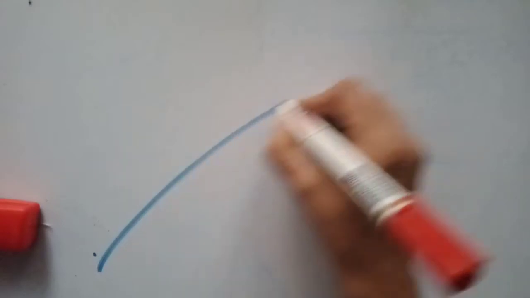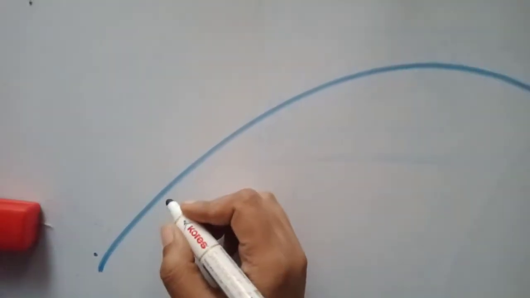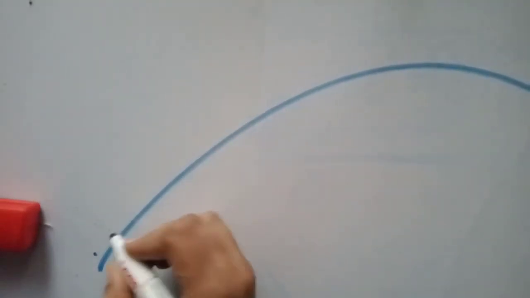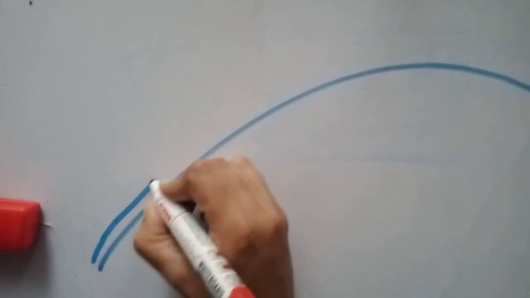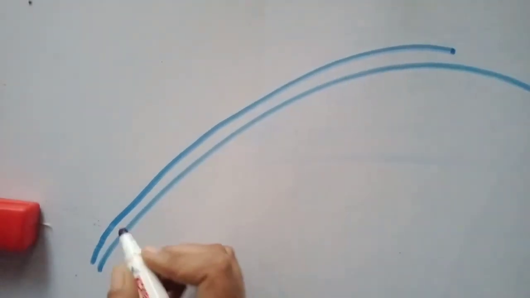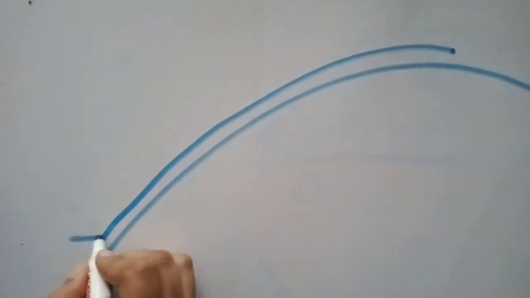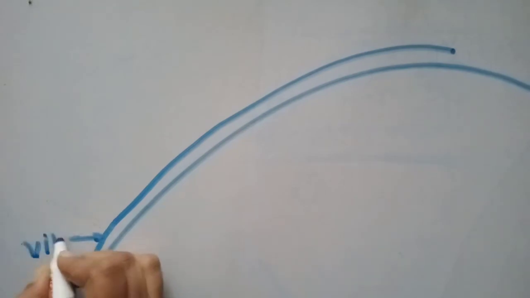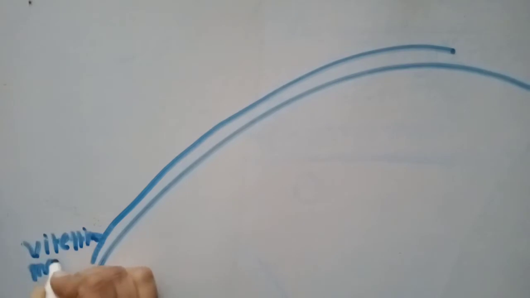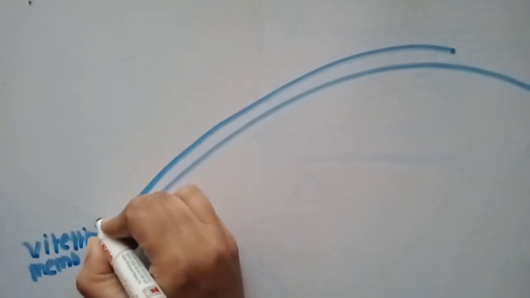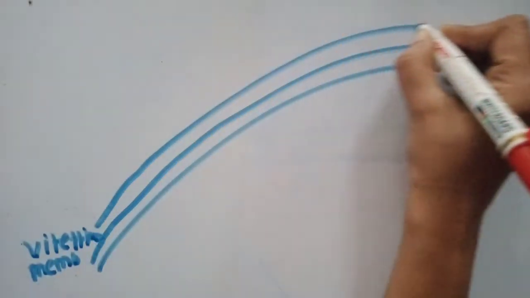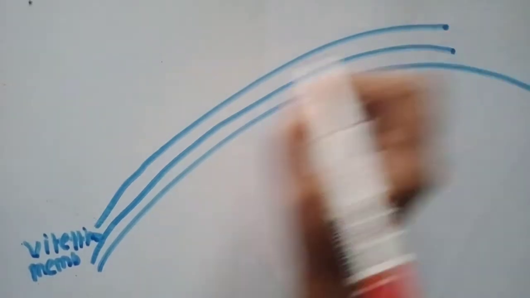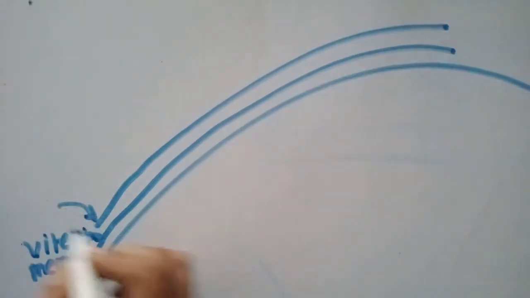If you see this, this is your egg membrane, the egg plasma membrane. The plasma membrane is always surrounded by the vitelline membrane. Around this vitelline membrane there is the zona pellucida.